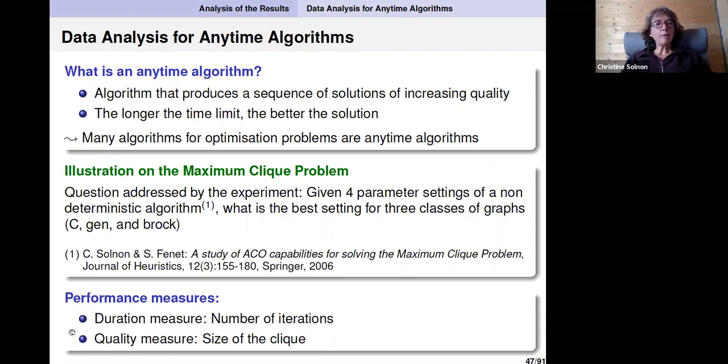So now I have 2 different performance measures. I have a performance measure to evaluate the duration, and I am going to consider the number of iterations of my algorithm. And I have a performance measure for evaluating the quality. And in this case, it is the size of the clique, and the larger the size, the better the solution.